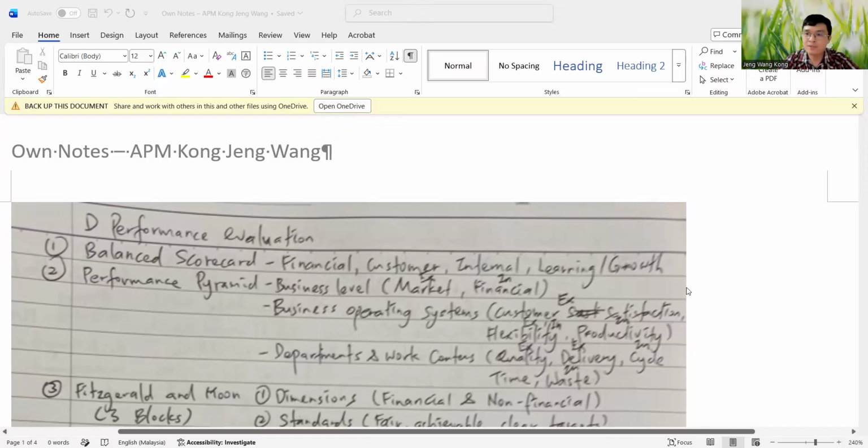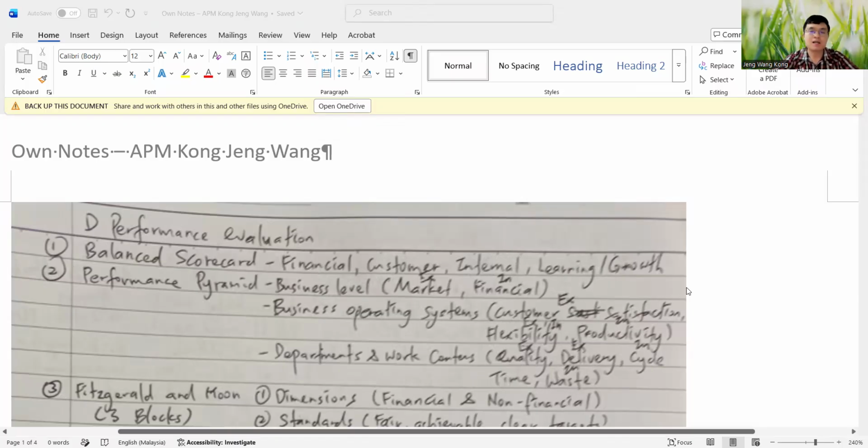I'm an ACCA member and I hope to share regarding Advanced Performance Management, to help students taking this subject, on how to make a summary of the syllabus.